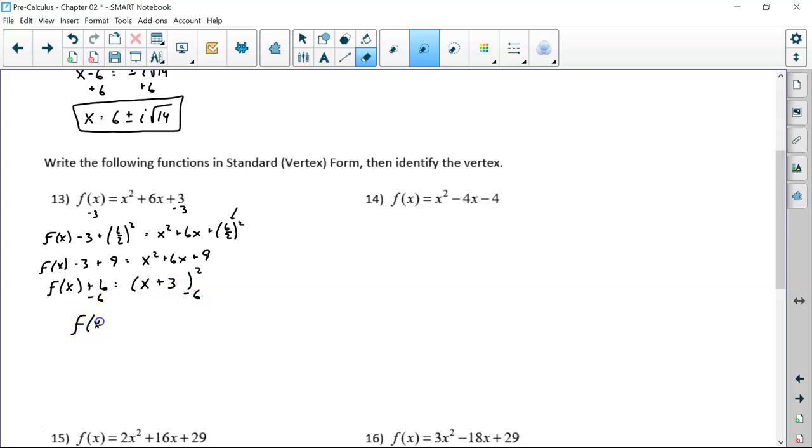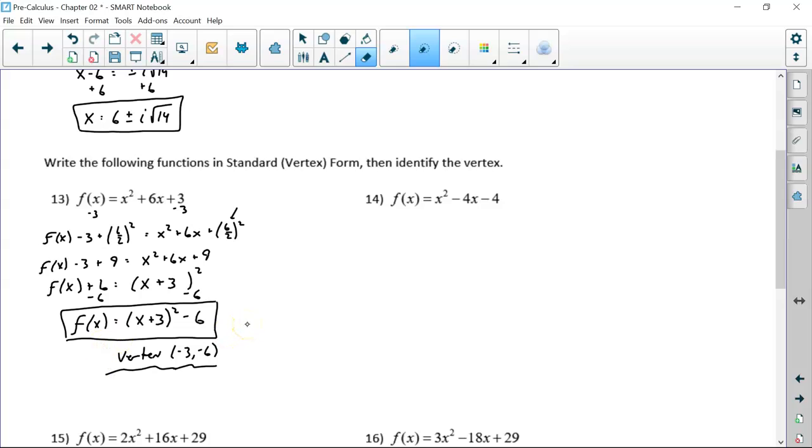So my function f of x equals the quantity of x plus 3 squared minus 6. And there is our function in that vertex form. And our vertex, if you remember our rules, is going to be at negative 3, negative 6. You always take the opposite of what's in the parentheses.